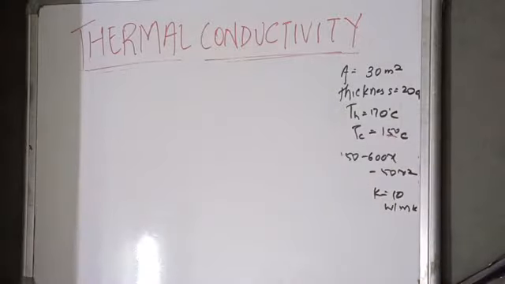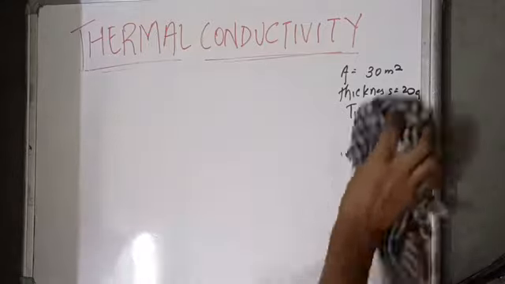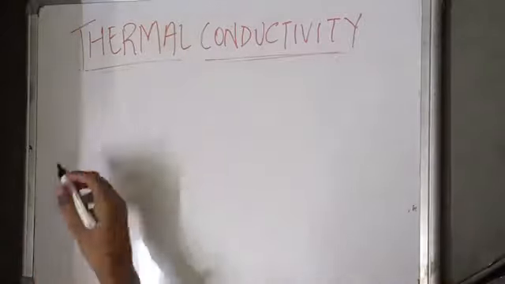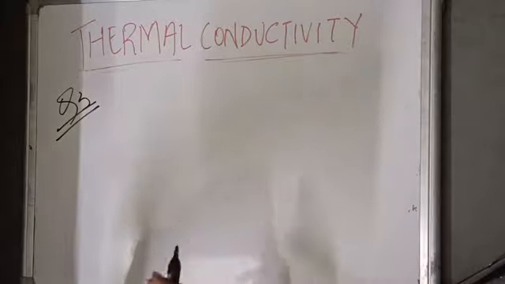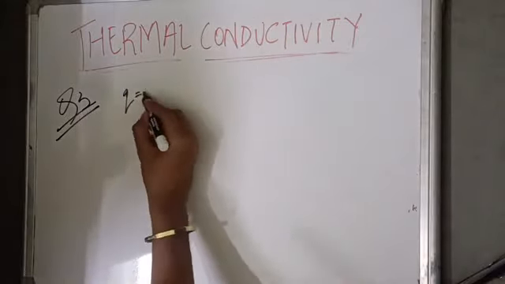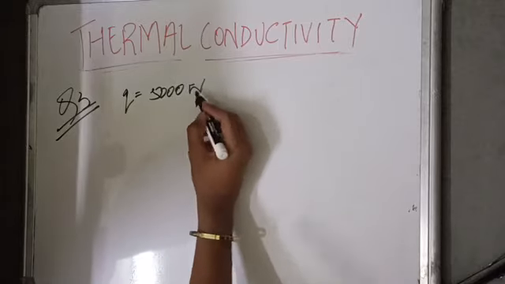Now we will do the third question on thermal conductivity. One side of a copper slab receives a net heat at a rate of 5000 watt due to radiation.